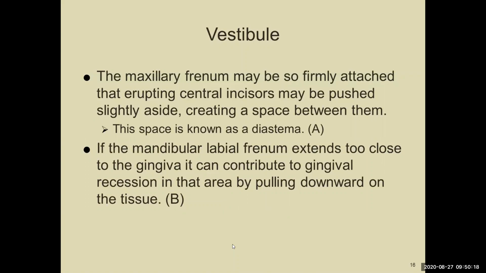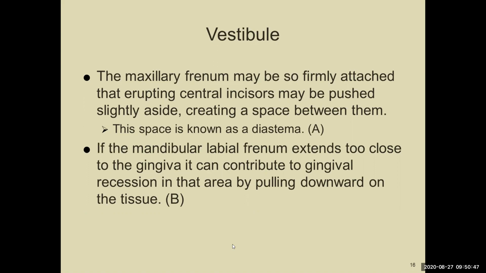The maxillary frenum may be so firmly attached that erupting central incisors may actually be pushed slightly aside, creating a space. It's known as a diastema. The space between number 8 and 9, the two front teeth, is called a diastema. Typically, that's the only diastema you have, but any space between any teeth is either an open contact or a diastema. People use them interchangeably.